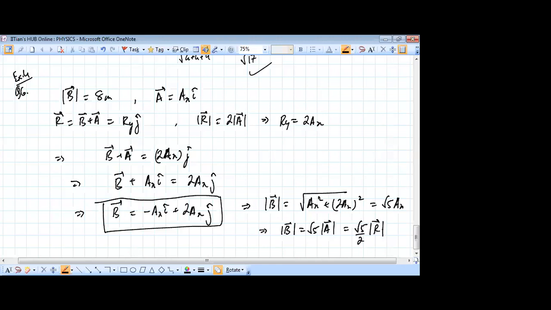So that is the relationship between the magnitudes. Now this is 8. So 8 is equal to root 5 times mod A. So from this you can find out mod A and all that. Is it clear?